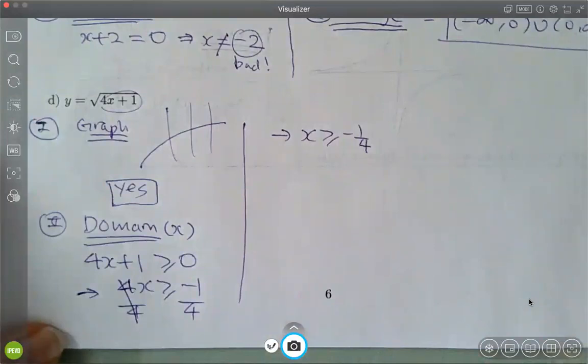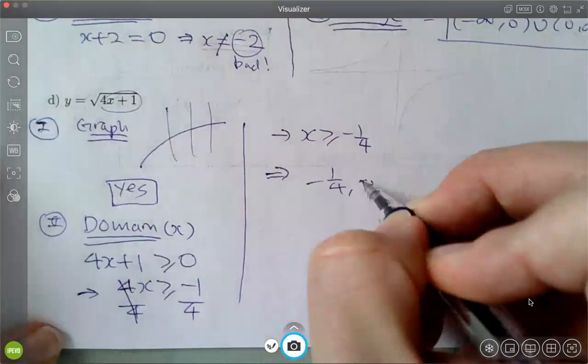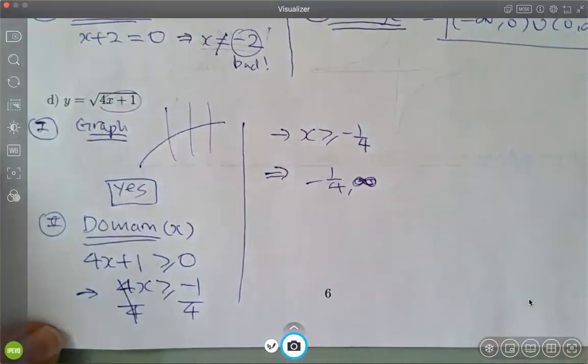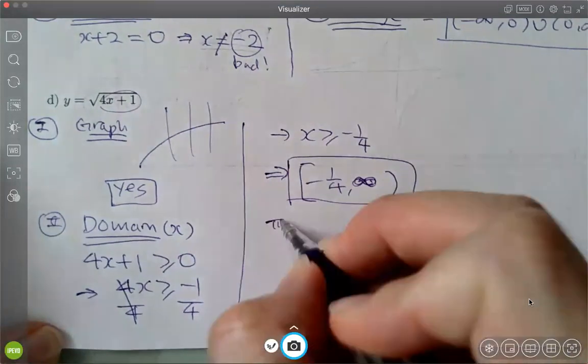So x is greater than or equal to negative 1/4. So what's the domain? Negative 1/4, comma, infinity. And what are the symbols? Bracket and parenthesis. And now what is the range?